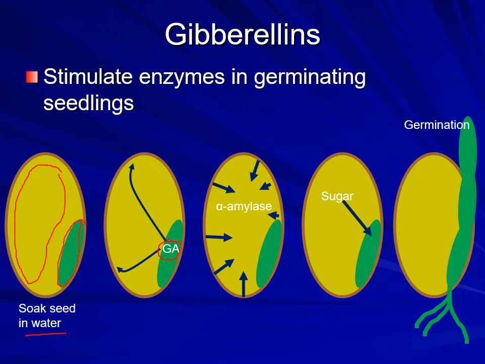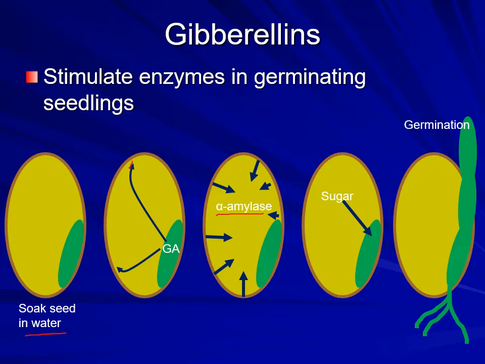The gibberellic acid moves out of the embryo, right, through the cotyledon and gets to the seed coat, and there it stimulates the production of something called alpha amylase. Alpha amylase is a really common enzyme that breaks down starch to make sugar. It's in your spit. When you put food in your mouth, your saliva begins the digestive process because amylase is in your saliva.